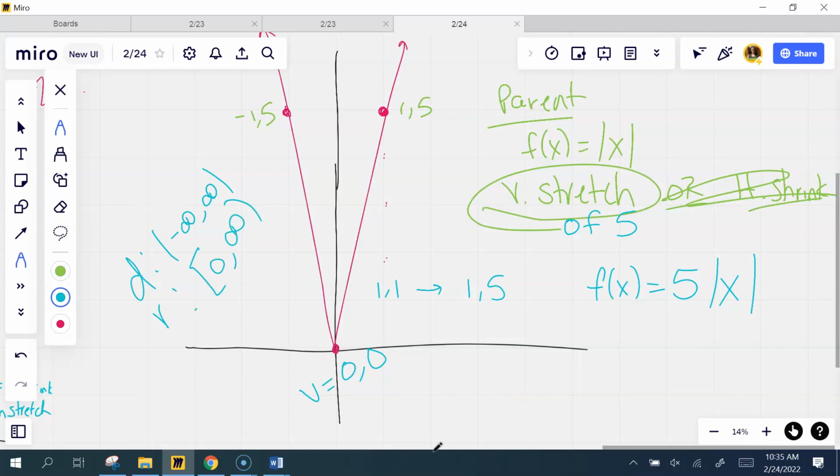Okay? So when you're identifying this, you're going to try to identify the stretch or shrink factor. You're going to find a point that either has an x value of 1 or a y value of 1 so that you can find out what's being done to stretch it or shrink it. Does that make sense? So like on number 24, look at 24.